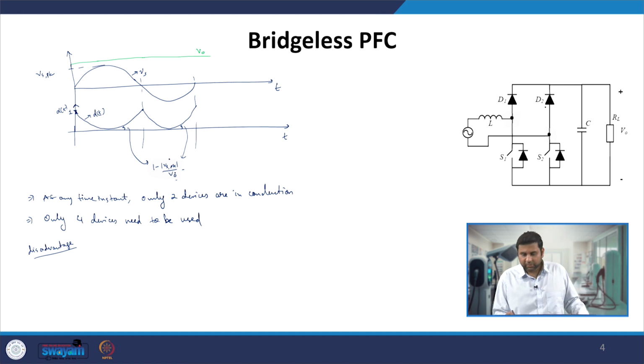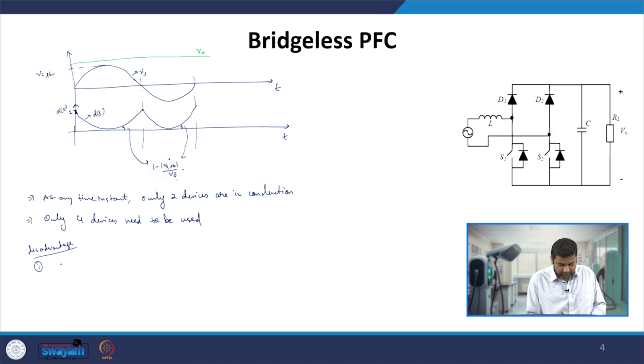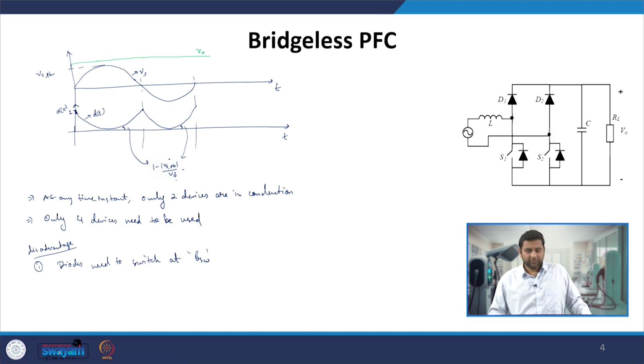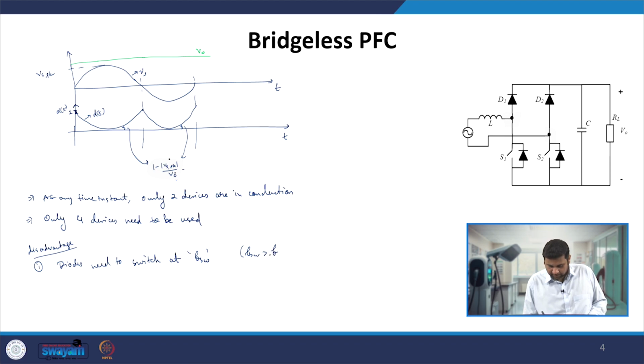Here the diodes need to switch at a higher switching frequency, FSW. So the disadvantage is diodes need to switch at FSW. That means they turn on and turn off at higher switching frequency, and here FSW is very much greater than Fs, the line frequency.